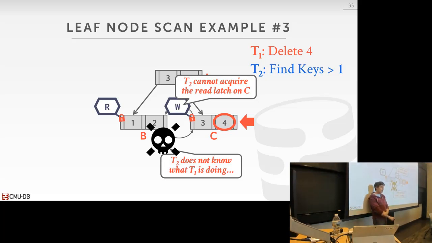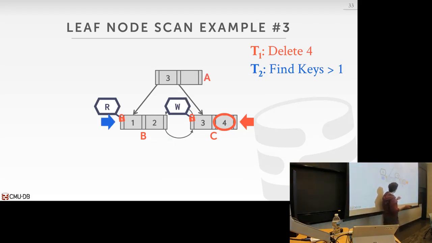In the back, yes? I have kind of an adjacent question. In this scenario, if I perform a write on C, and that requires a split on C, which requires me to edit the node anyway, I have to go all the way back up and acquire a write latch after the read latch is gone.